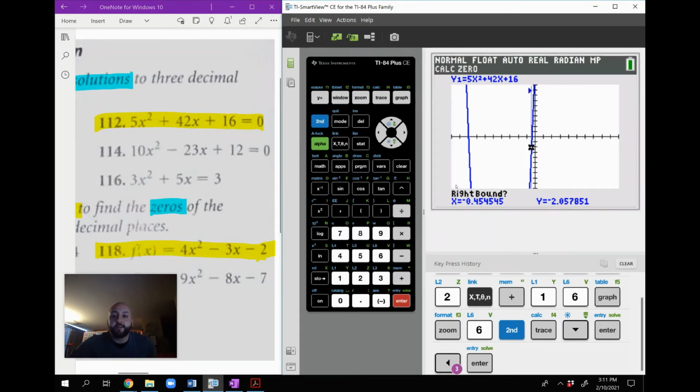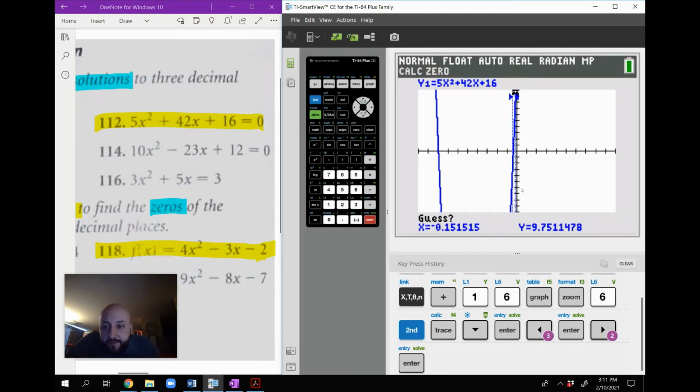Now it's asking for a right bound, so I'm going to go somewhere to the right of it. It doesn't matter where exactly, but right there. If you look closely, you'll see two blue arrows facing each other, and there are dotted lines. This is the window that you just gave your calculator to say, the zero I'm looking for is somewhere in between these two arrows.